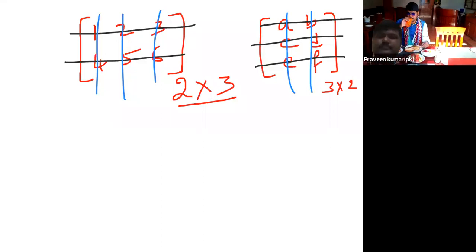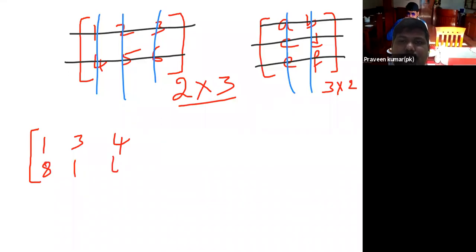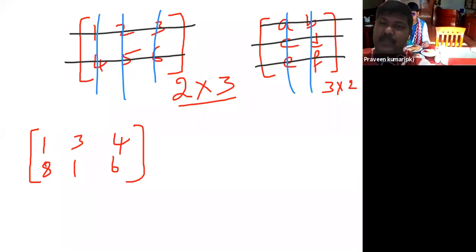Next, I will give one more question to you, my dear students. What is the order of this matrix? Can anyone say? How many rows are there? Inside, the elements can be letters or numbers, anything, so we call them entries or elements. 2 rows, 3 columns.